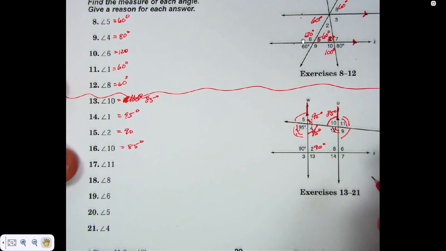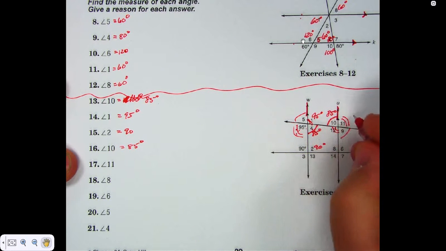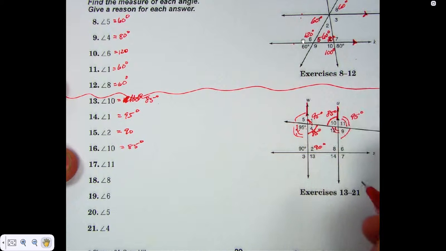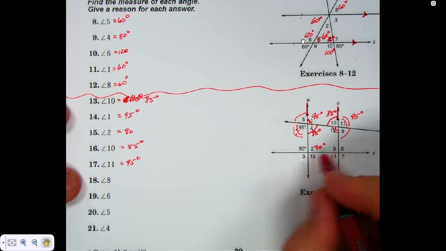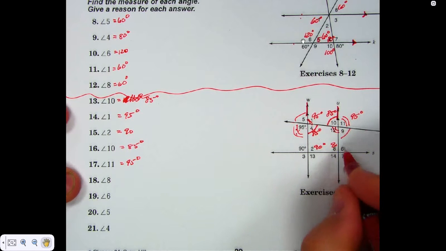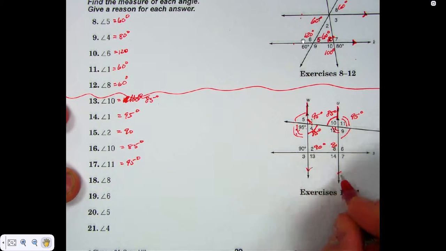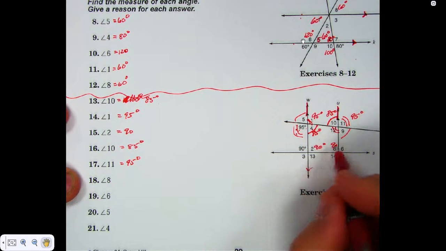We're smarter than them, we caught it. Angle 11. 95. Angle 8. 90. Yeah, these two are parallel, right? So same side interiors have to add to what? 180.